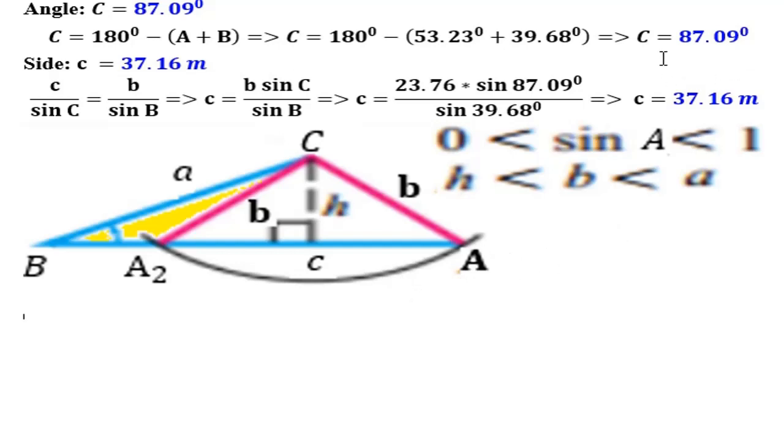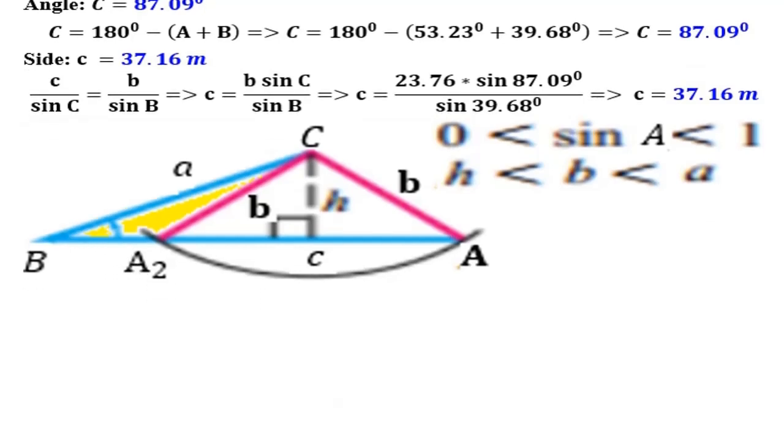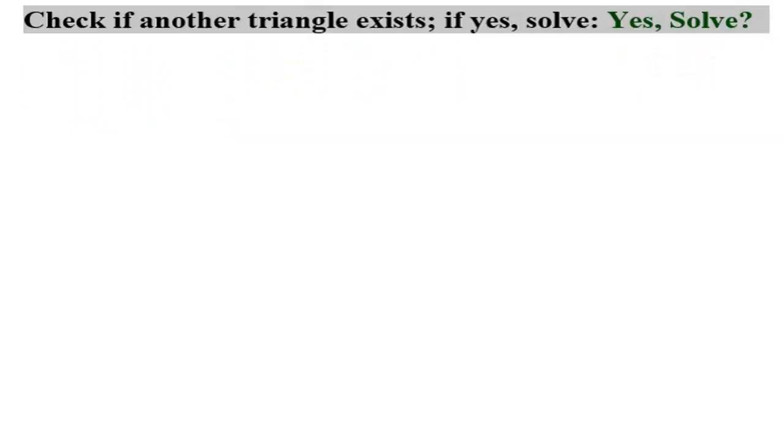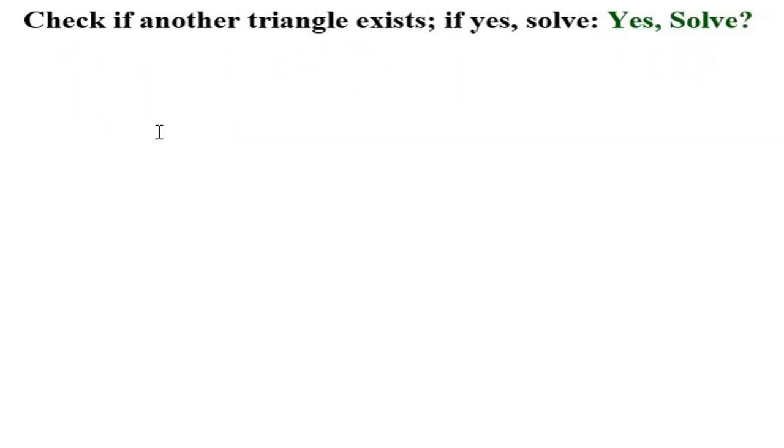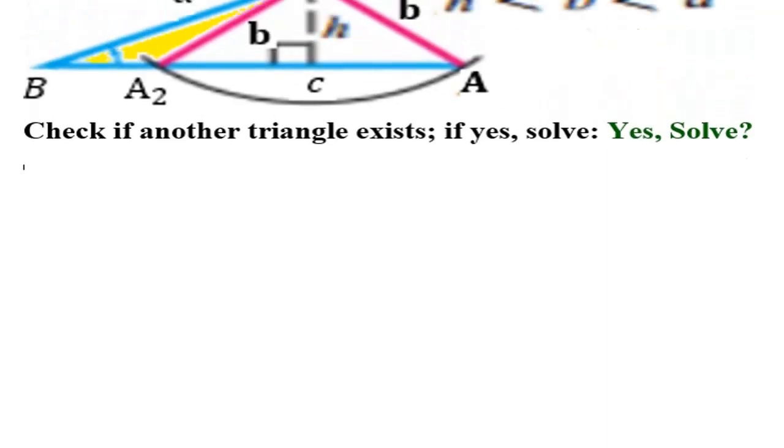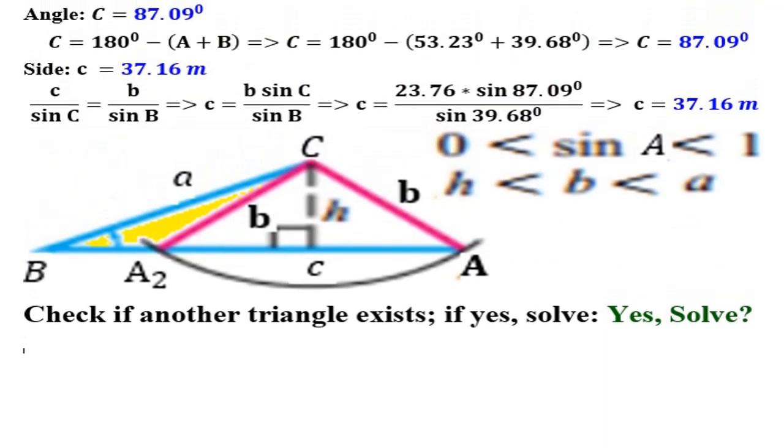Then we found angle C, which is 87.09, and we found the angle A also, and the rest of the sides were given to us. Now we check if another triangle exists. If yes, solve.